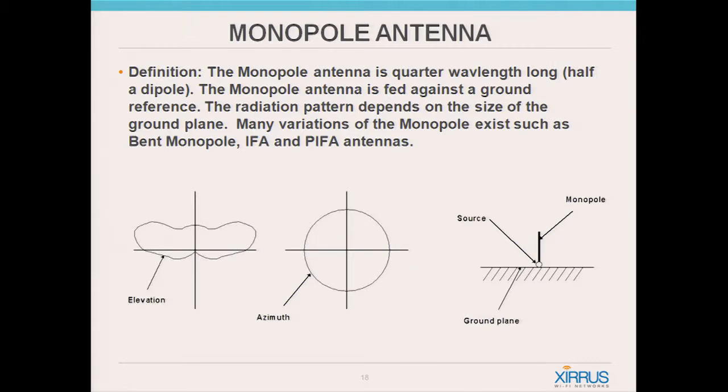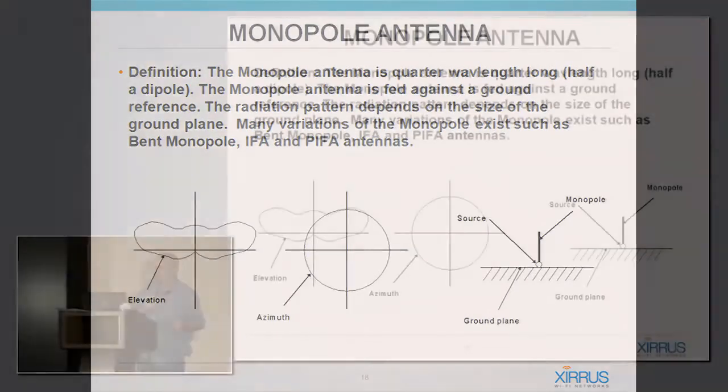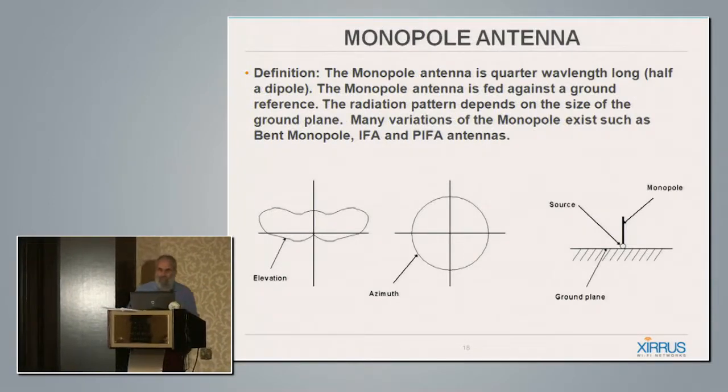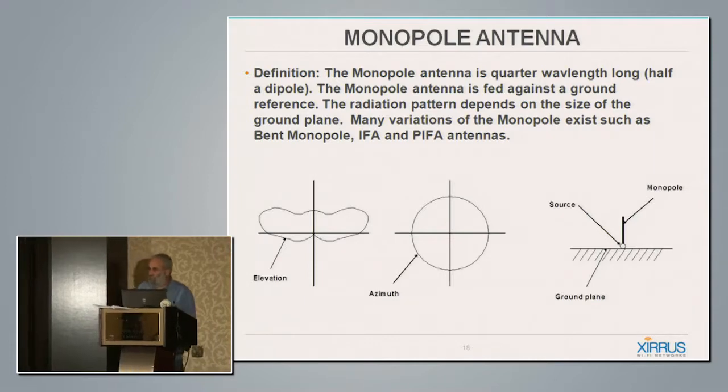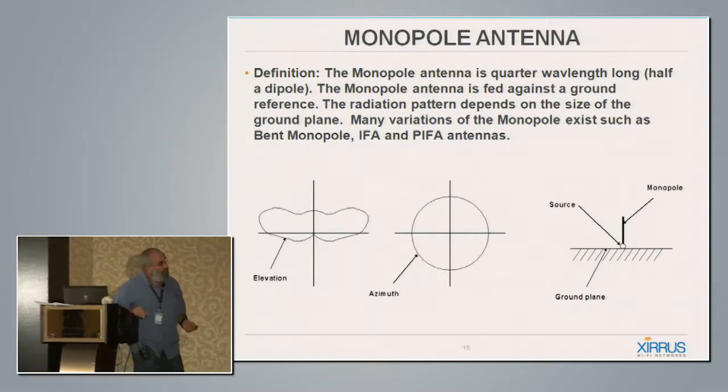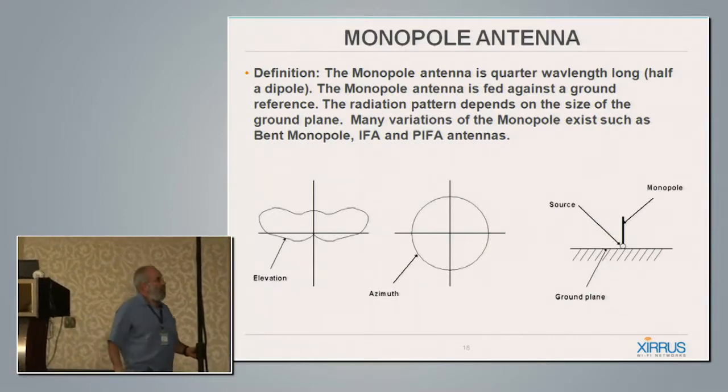There are many variations of the monopole antenna. It's very popular in mobile handsets. But since size is very critical, especially in embedded applications, we start to bend the element.